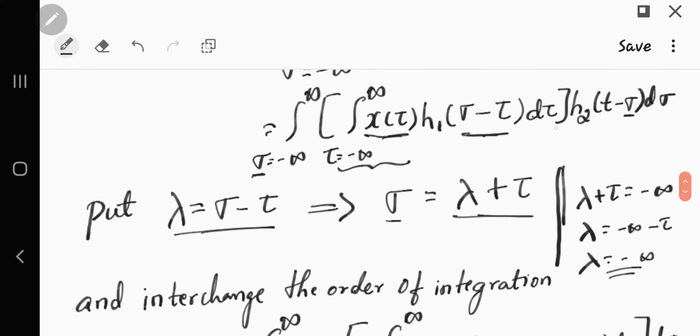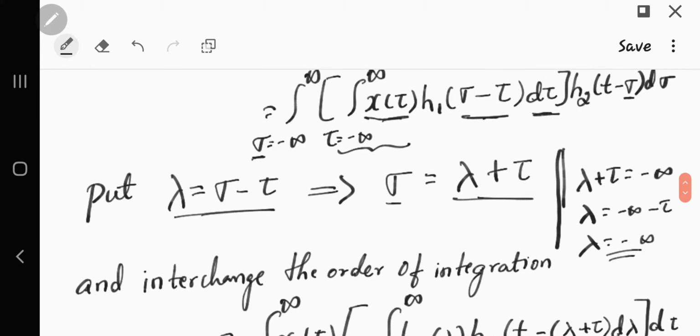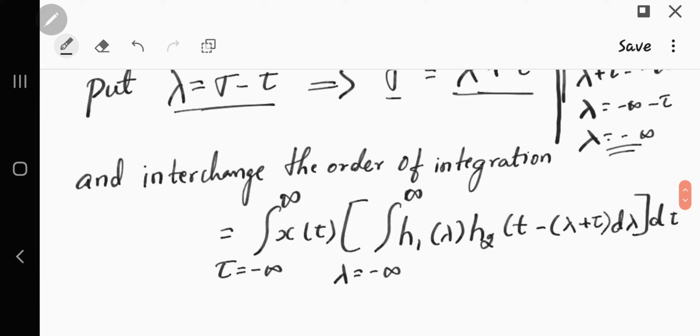This d tau I have kept outside. This d sigma will become d lambda. As I have interchanged this, I am keeping tau outside the integral of this term.